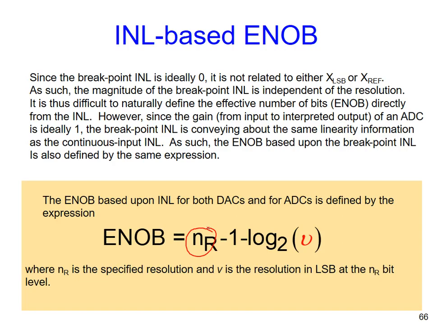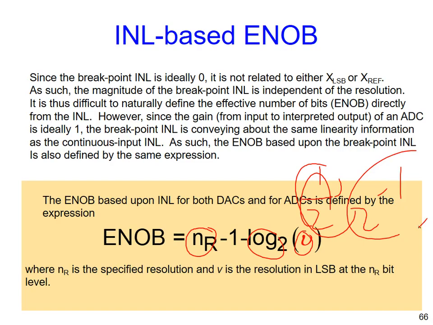But after measurement, what is the measured INL? And as I told you, if it is ideal from the very beginning, we have this in LSB. That is the ideal case. So 1/2 log 2 of 1/2 means what? -1, right? So you have -1 here. Oh, congratulations. Minus means plus.